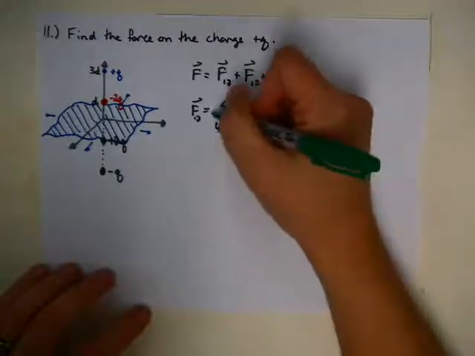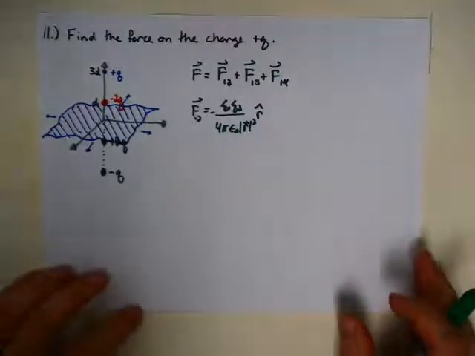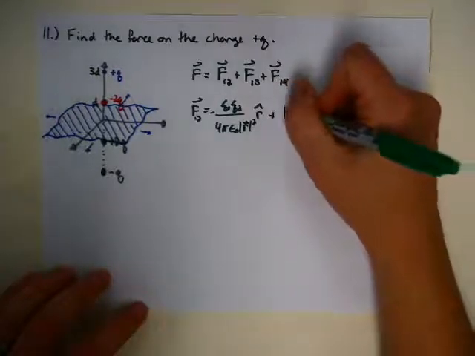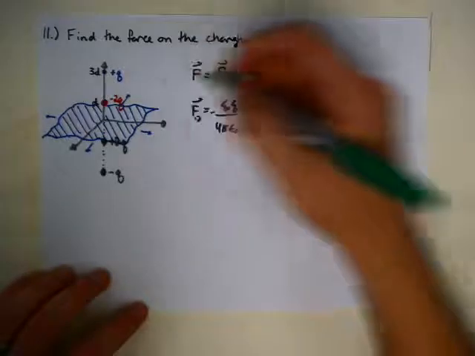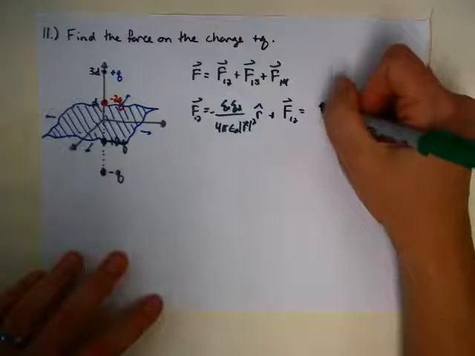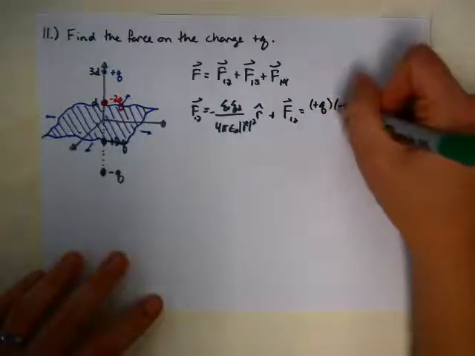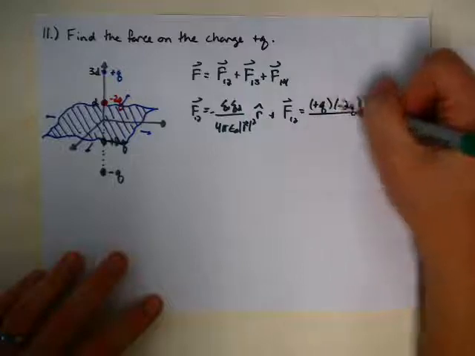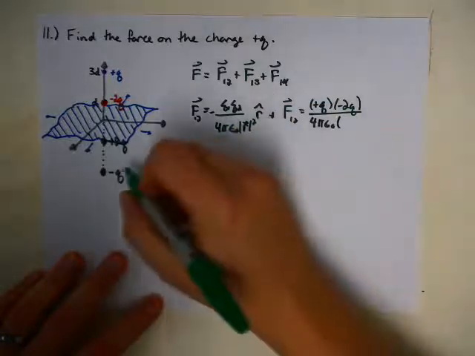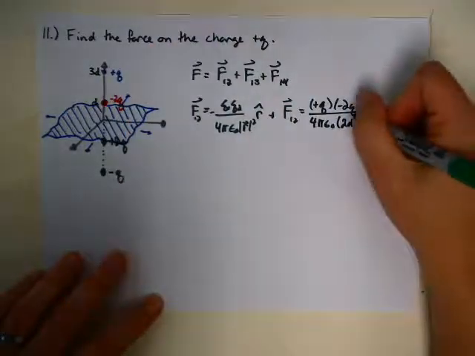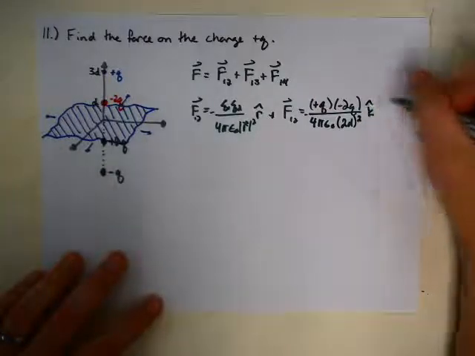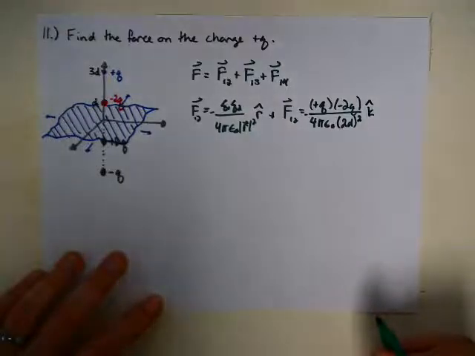We want it to be a repulsive force if the charges are the same, so we put a minus there. Filling these out, for F1,2 the distance is 2d, from 3d to d, and we get Q times minus 2Q over 4 pi epsilon naught, times 1 over 2d quantity squared, and the minus, in the k hat direction.